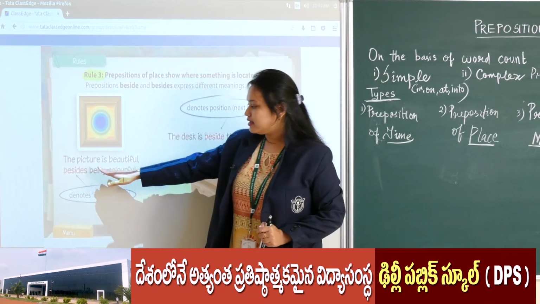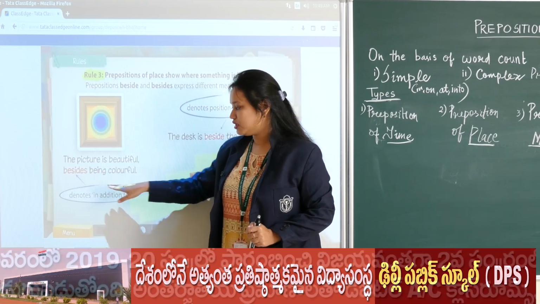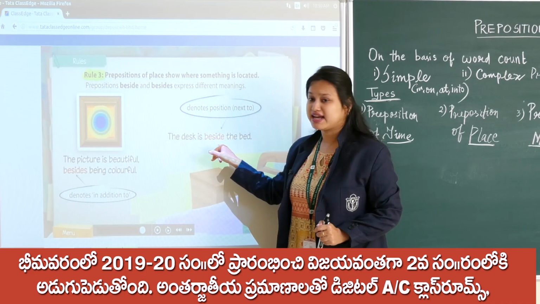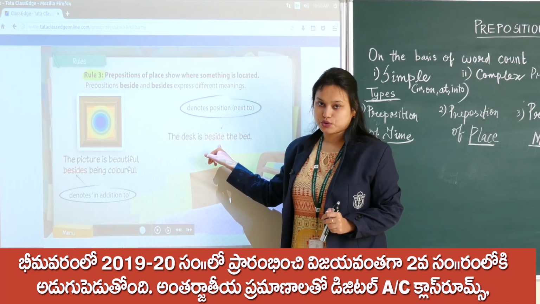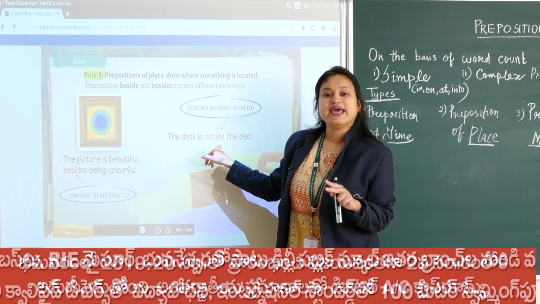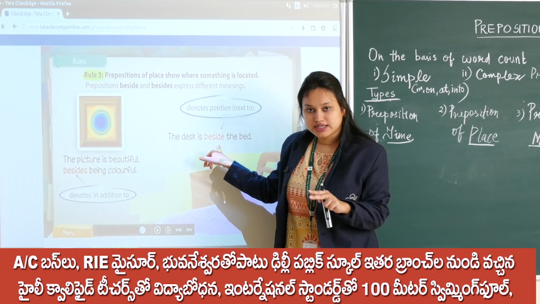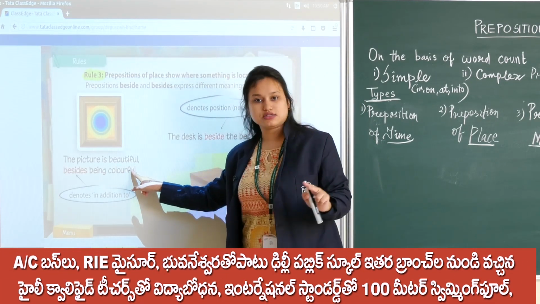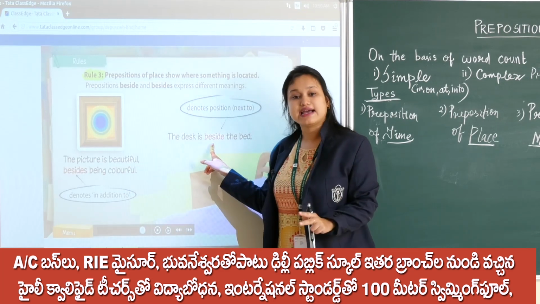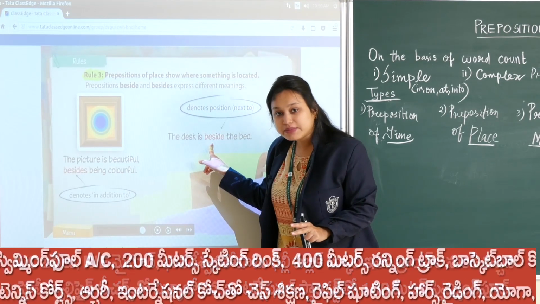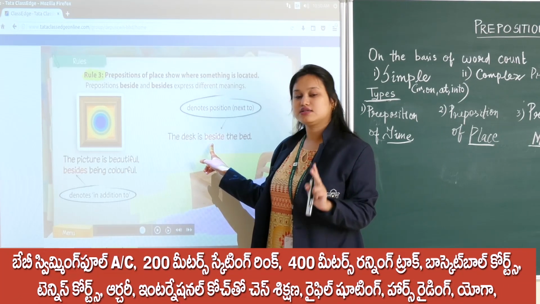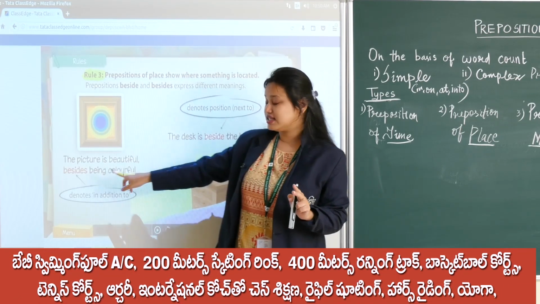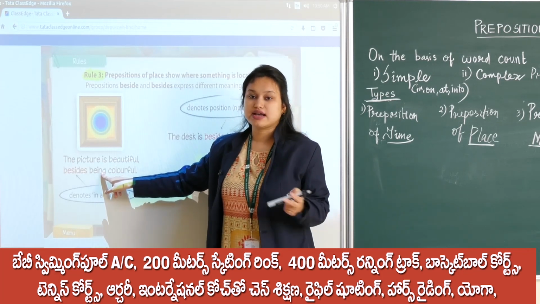Next one, the picture is beautiful besides being colorful. So what is the difference? Beside has no S. When there is an S, we call it besides. Both are prepositions, but the meanings and the spellings are different.